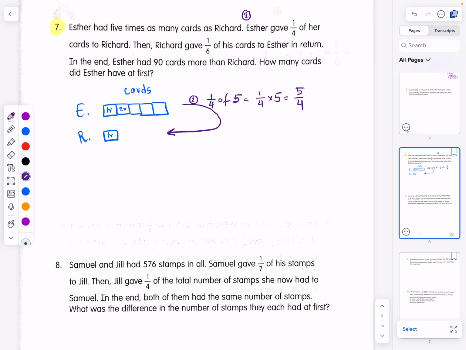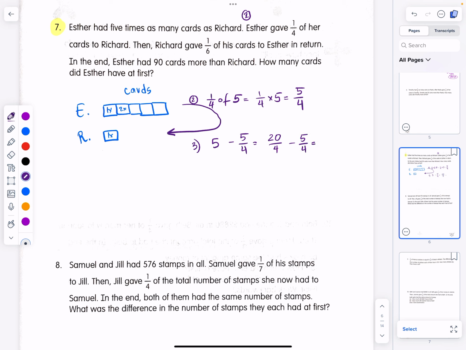So let's write it down. How many cards does Esther have now? We can say, step 3. Esther had 5 minus 5 quarters. 5 is the same as 20 quarters, right? Converting it to an equivalent fraction, minus 5 quarters.